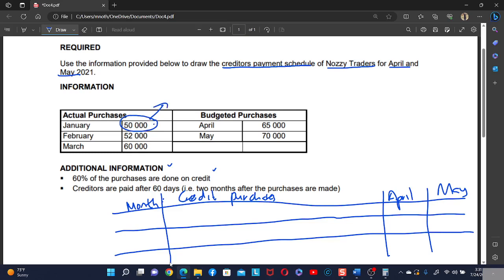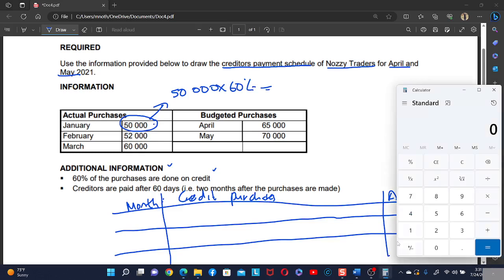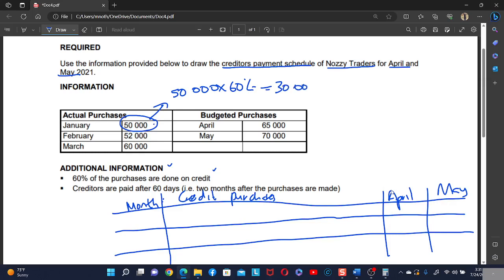If you want to know how much of this is done on credit, you are going to say 50,000 times 60%, that is equal to 30,000. Okay, but then let's continue.